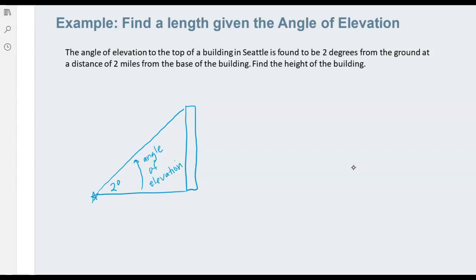And the point from which we're measuring that angle is 2 miles from the base of the building. This is our building here. We want to find the height of the building, so this distance here.